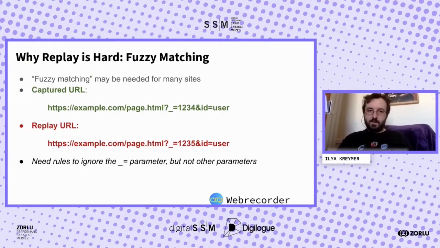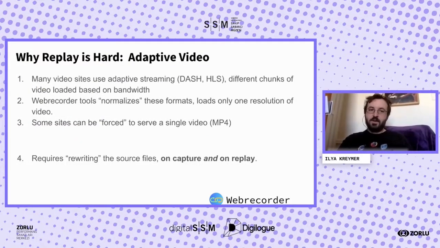Another example of why replay is hard is adaptive video. Many sites use adaptive streaming, such as DASH and HLS, two technologies where a different fragment of the video is loaded based on the bandwidth. So normally when you load, for example, YouTube, it may load different chunks of video based on what your bandwidth is. Of course, that's great for live viewing, and it's terrible for archiving because you want to always load the same chunks.